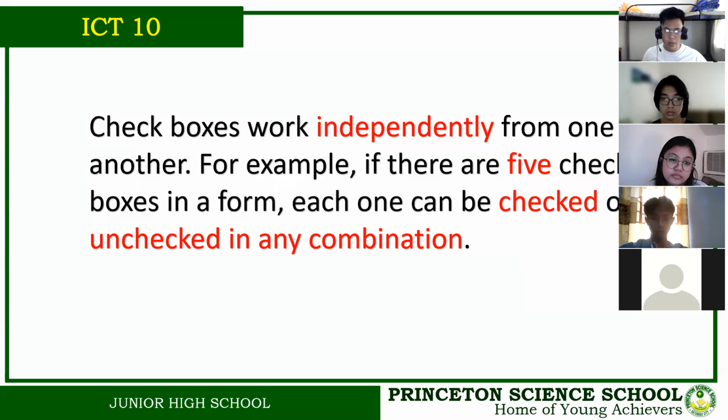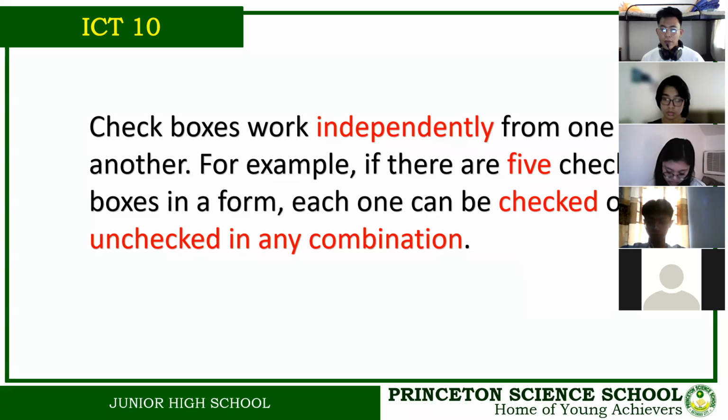Okay, so moving on. Checkboxes work independently from one another. Again, checkboxes work independently from one another. They do not rely on whether other checkboxes are selected or not. What matters is whether their own checkbox is selected or checked. For example, if there are 5 checkboxes in the form, each one can be checked or unchecked in any combination.